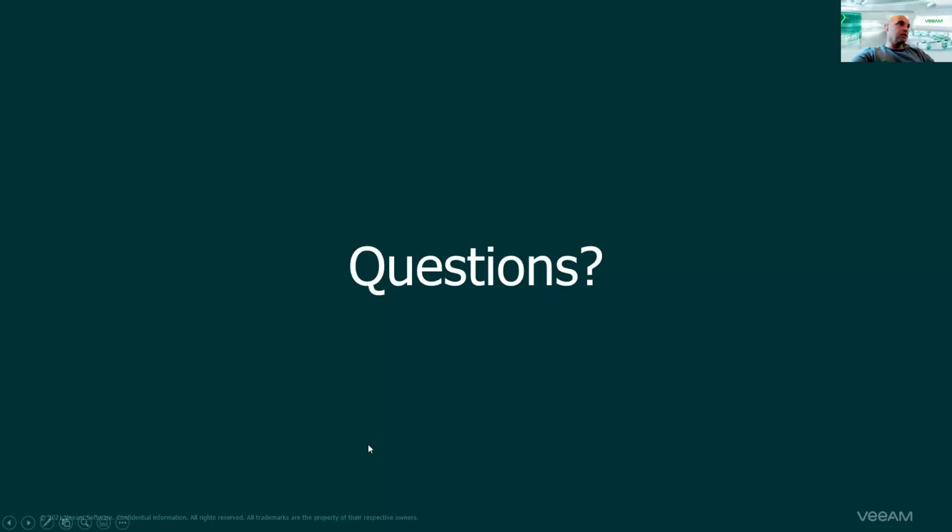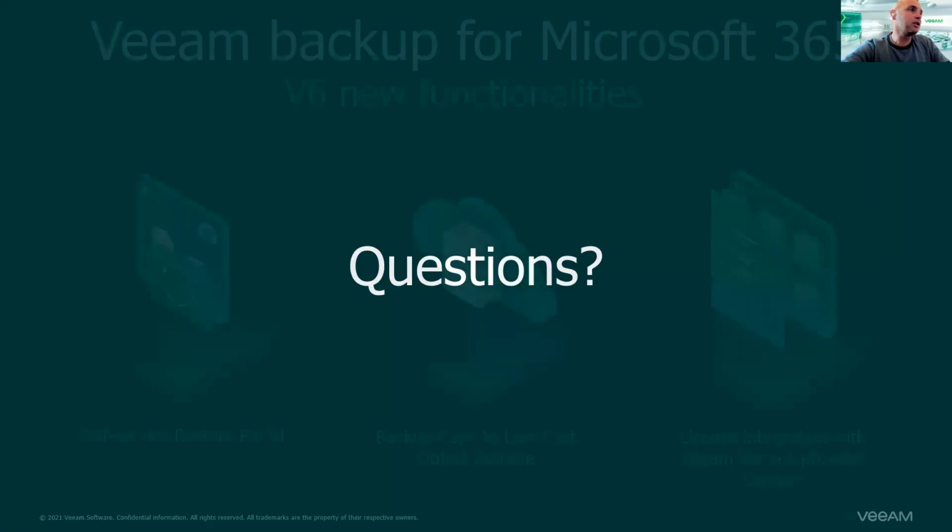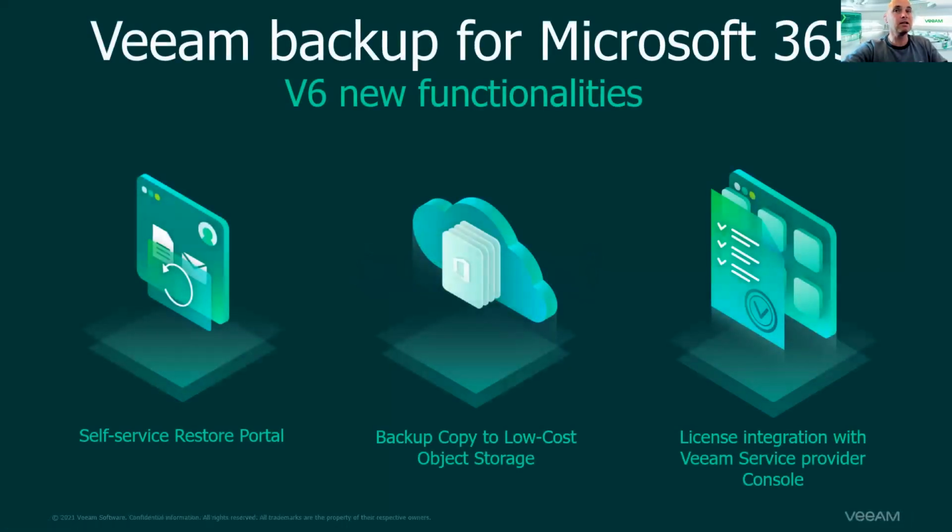If there are no more questions, I have a final slide. So you already saw version 6 of Veeam Backup for Office 365, which is going to be renamed to Veeam Backup for Microsoft 365. We need to lose the VBO thing, so I think I'm going to tell that for a couple of years still. It's VBO, but it's VBM. So version 6 is coming. It's not yet there.